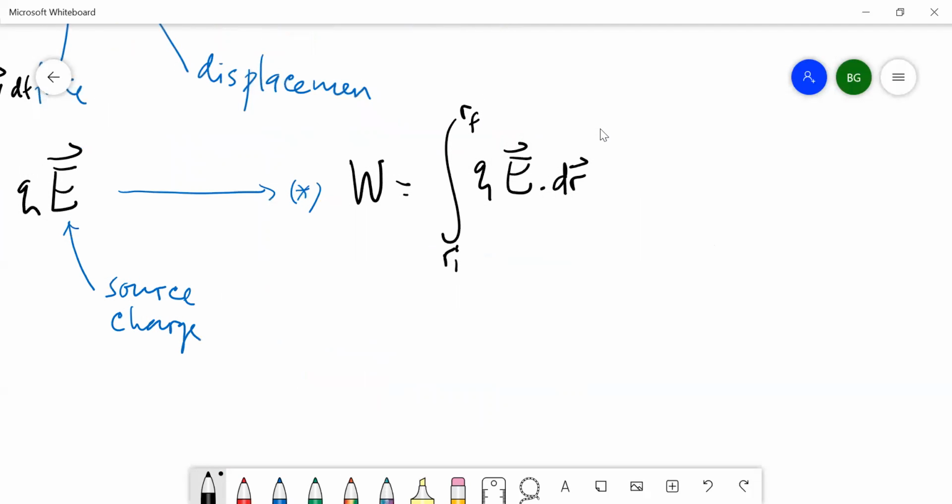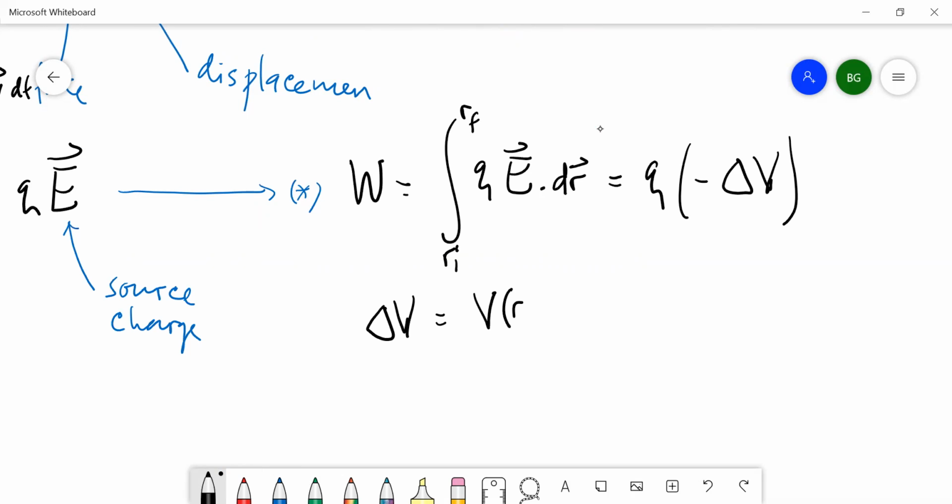And this equals Q times minus delta V. Delta V means the difference between V of Rf minus V of Ri.